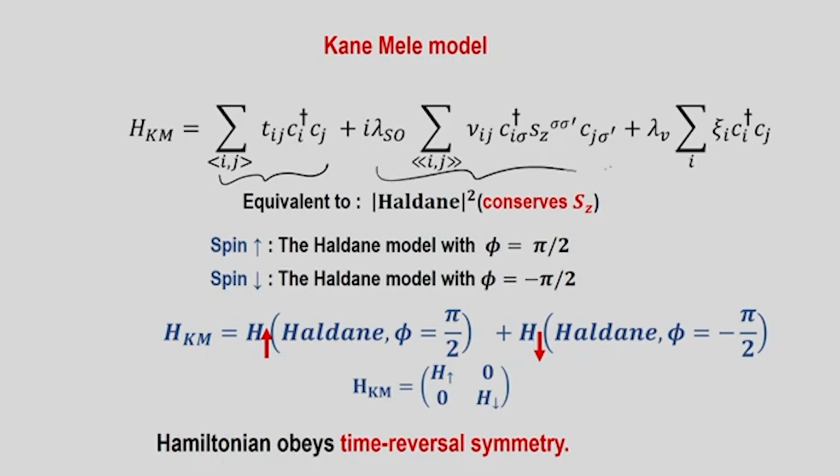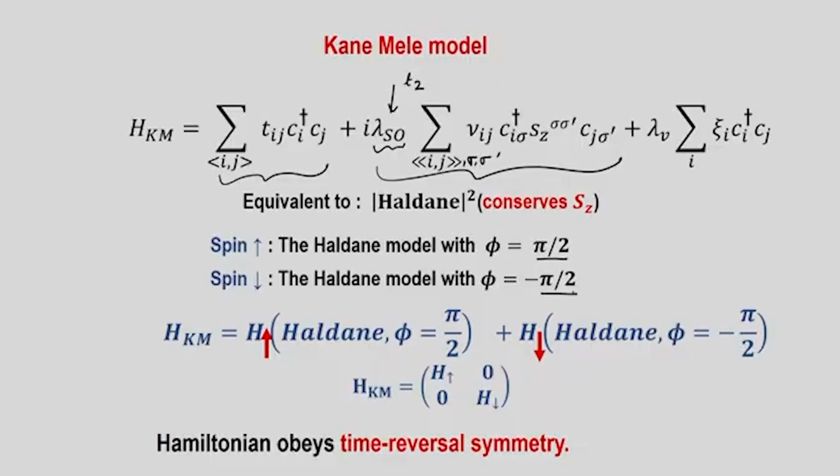Now, this is what we have done. Just one small change that has occurred is that there is a sigma sigma prime term where sigma sigma prime can be up or down, and this lambda SO was nothing but T2 in the Haldane model. So, it is exactly the Haldane term, but rather 2 copies of the Haldane term, one corresponding to spin up with a flux which is given by pi by 2, and the down spin corresponds to a flux which has exactly equal and opposite magnitude, which is equal to minus pi by 2.